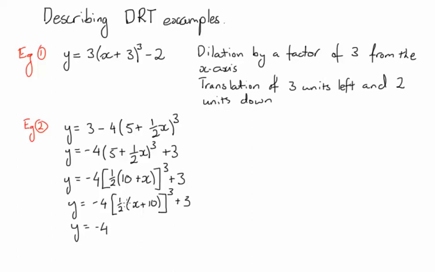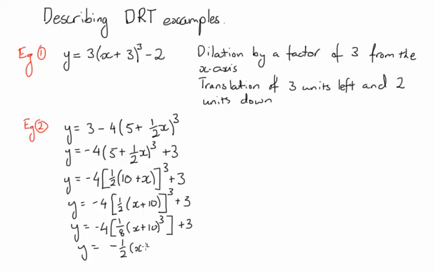So a half cubed, well, that's 2 times 2 times 2 down here, so that's an 1/8. So I can cube that, that's an 1/8. And I can cube this part, which gives x plus 10 all cubed. And then I'm going to add the 3. Finally, I'm going to expand out these brackets. So -4 times an 1/8 gives us -1/2.